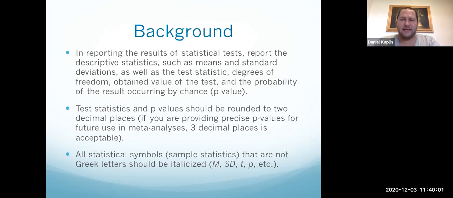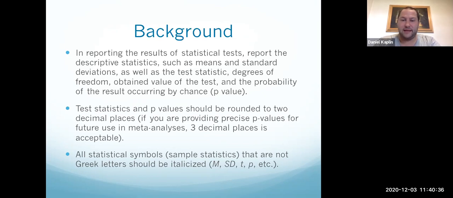Now, in SPSS, they don't write the word p-value, they write sig, S-I-G, which is another way of saying the p-value. Now, when you have test statistics and p-values, they should be rounded to 2 decimal places. And if you're doing a meta-analysis and you are seeking more precision, then maybe 3 decimal places, but you should not allow the decimal places to go on and on and on.